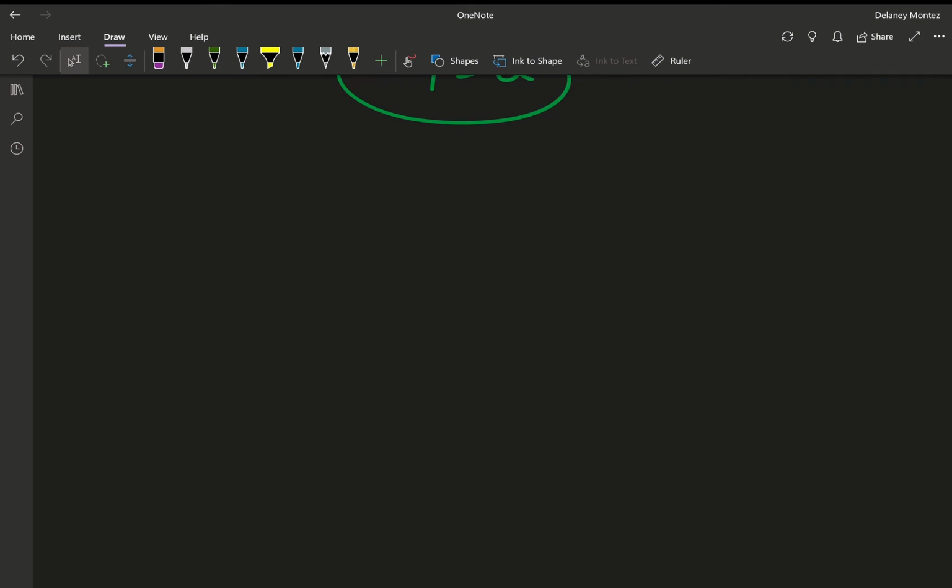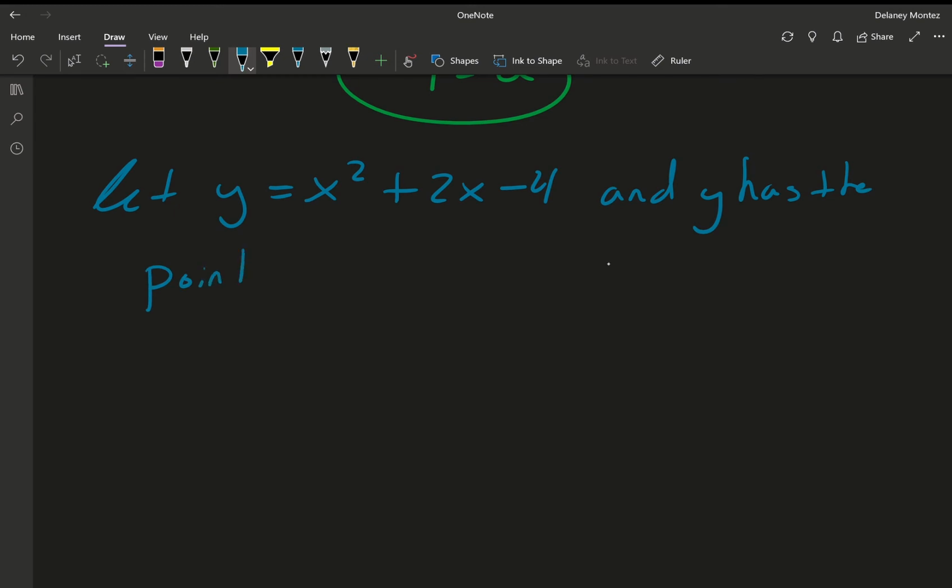So let y equal x squared plus 2x minus 4, and y has the point m, 2m with m greater than 0.